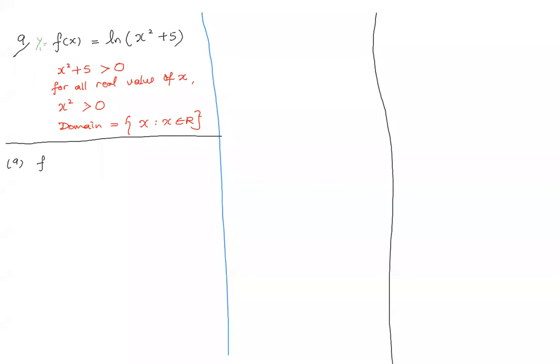F prime X equals 2X over X squared plus 5. So F prime X equal to 0. It's a fraction, so I can straight away write 2X.